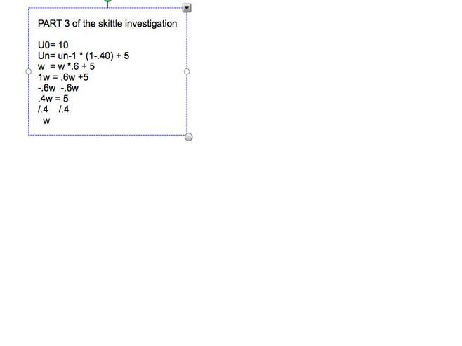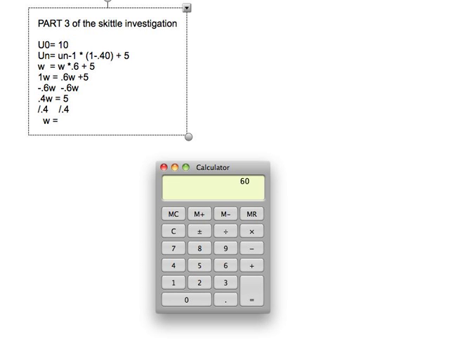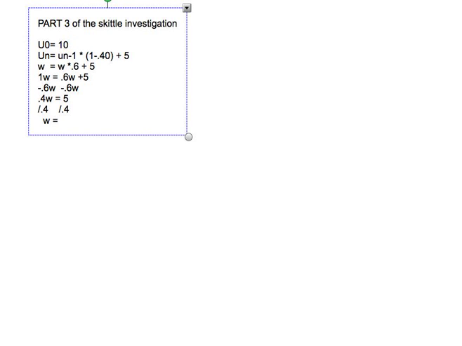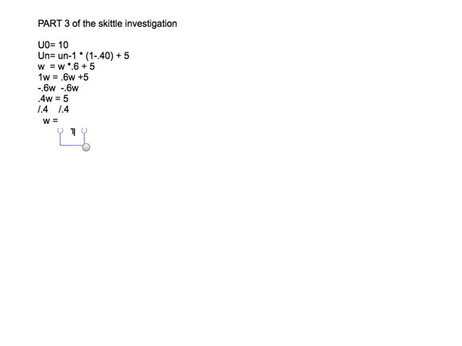So then that long run number, that limit, that long-term value, that long run value that I'm looking for is 5 divided by 0.4, which is 12.5. So if you did the investigation, you're going to notice that it will equal 12.5 for part 3 and part 4.